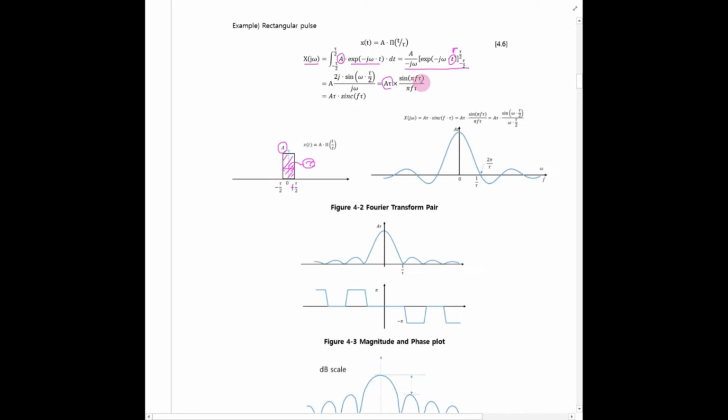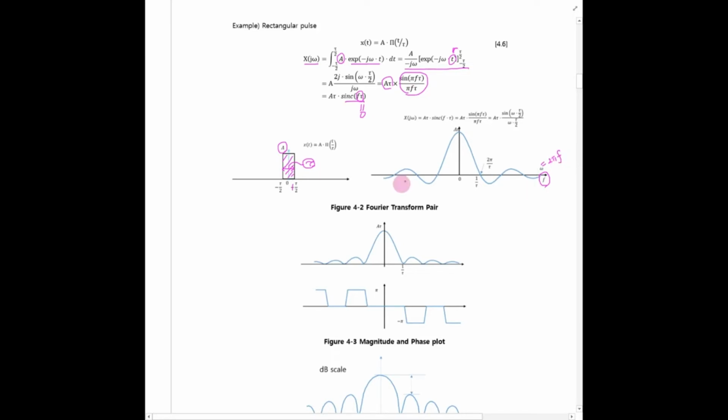As I told you, if this argument goes to 0, then the sinc function should be 1. Okay, if f is 0, then this should be 1. So let's say this one is frequency f, and if you multiply by 2 pi, then this becomes the omega, 2 pi f.